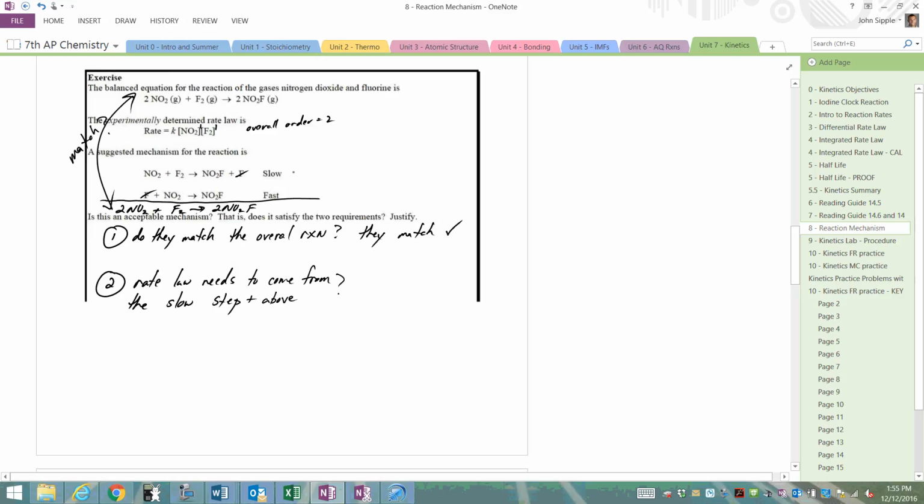If we look at the rate law in this step, we are only looking at reactants. So our rate law expression would be rate equals k times the concentration of NO2 times the concentration of F2. So in this case, the rate law is possible from the slow step.